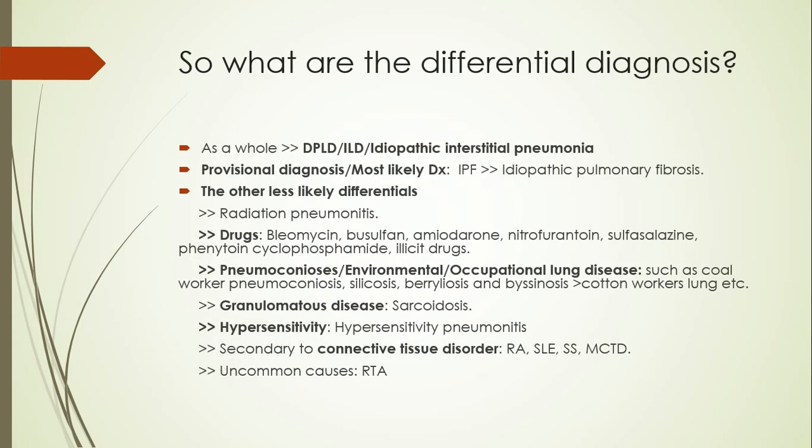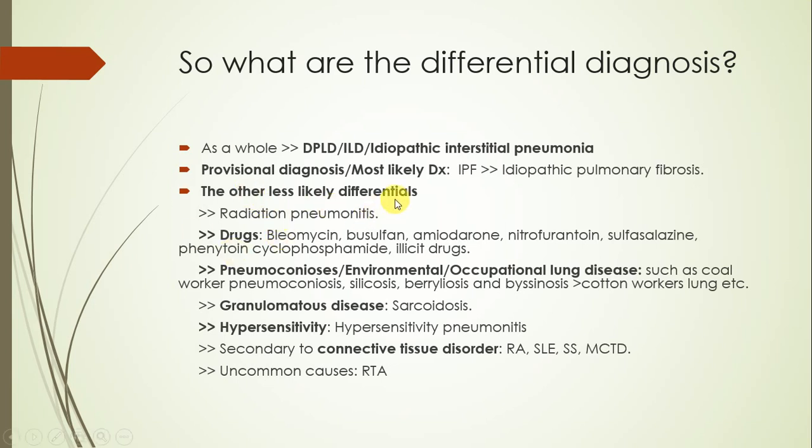So this patient only has some features of idiopathic interstitial pneumonia, which probably does not have any underlying cause. Whenever we don't have any cause or reason, we call it idiopathic. And as the patient has features of pulmonary fibrosis, we call it idiopathic pulmonary fibrosis. But can we be certain that this is surely idiopathic pulmonary fibrosis? No. We should always keep some differentials in the back of our head.